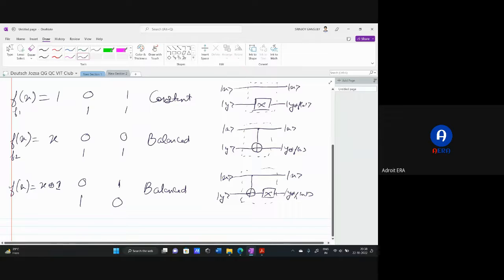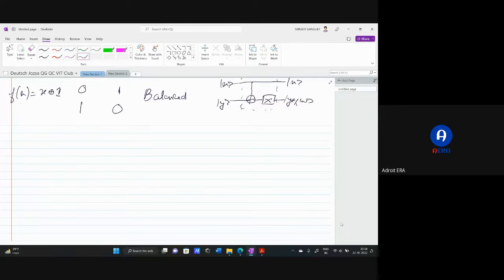So these are the types of oracles, and we are also going to verify them on Qiskit as well. We are not going to leave it there. But now we have to see the steps of applying the Deutsch algorithm, before we go into the circuit analysis of the Deutsch algorithm. You might have also done circuit analysis for superdense coding and quantum teleportation.